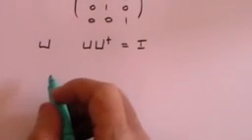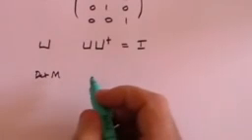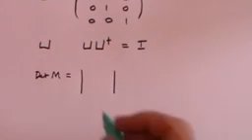Then I need to explain to you what a determinant is. If we want the determinant of matrix M, we write that with straight lines rather than with curly brackets.